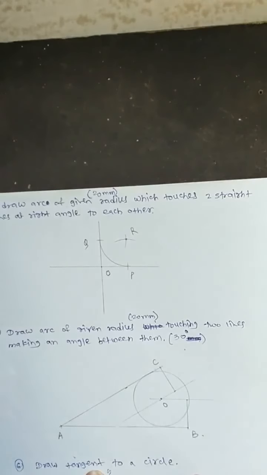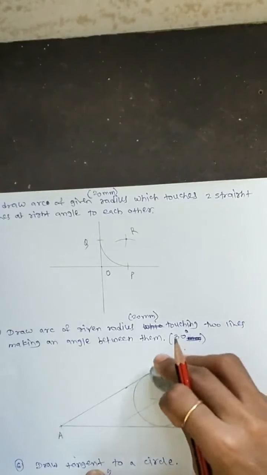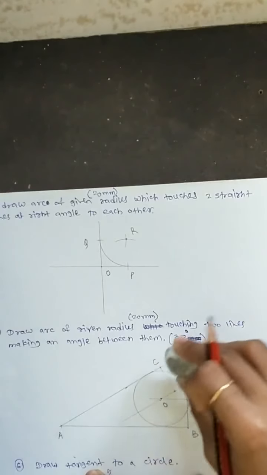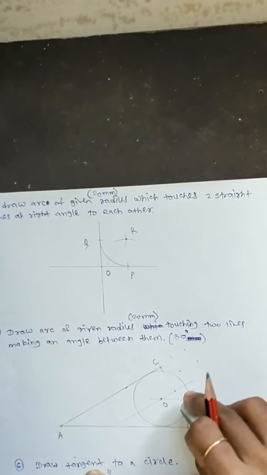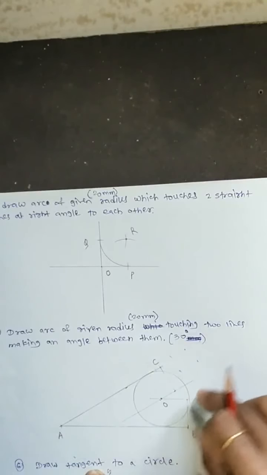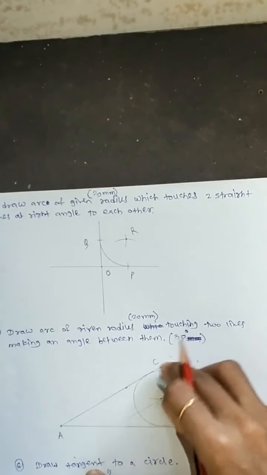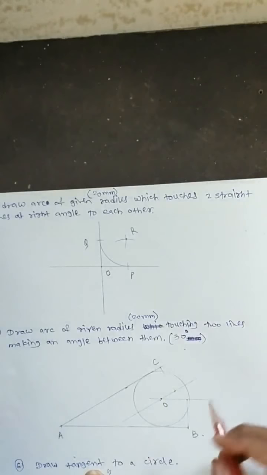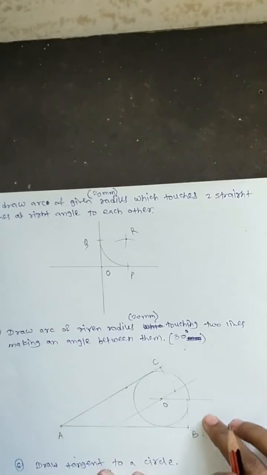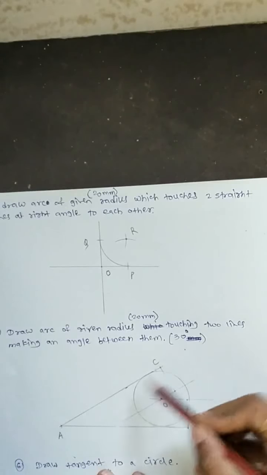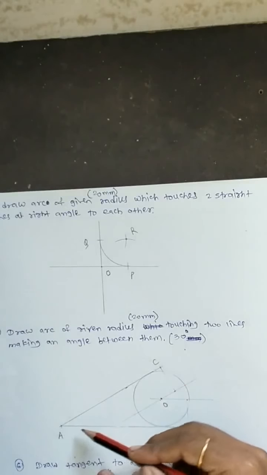In this way you can rub these lines also, that we have taken only for reference. Now this circle is exact of 20 mm radius, and in this way we can draw arc of given radius touching two lines which makes an angle between them.